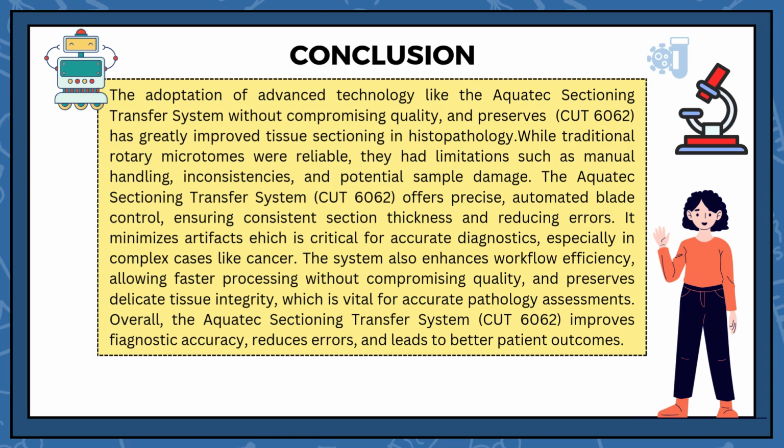It minimizes artifacts, which is critical for accurate diagnostics, especially in complex cases like cancer. The system also enhances workflow efficiency, allowing faster processing without compromising quality, and preserves delicate tissue integrity, which is vital for accurate pathology assessments. Overall, the aquatic system improves diagnostic accuracy, reduces errors, and leads to better patient outcomes.